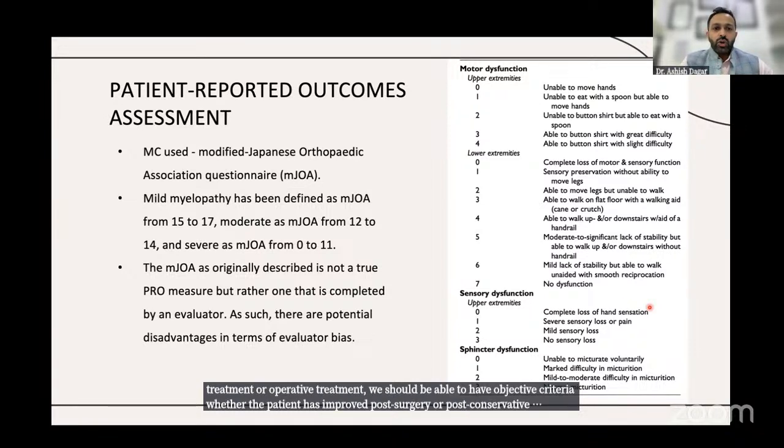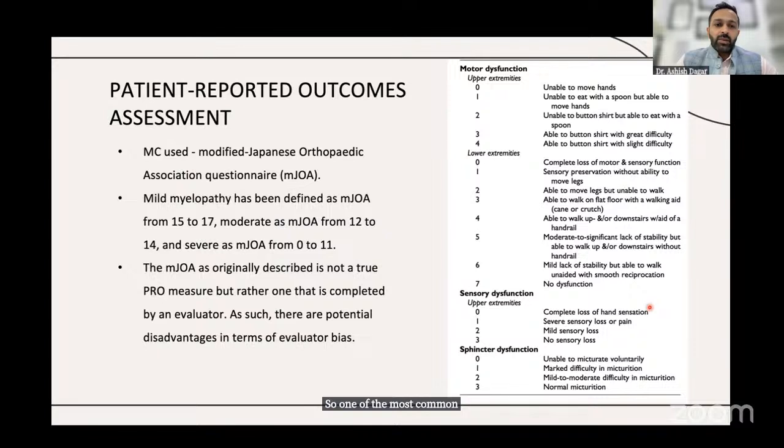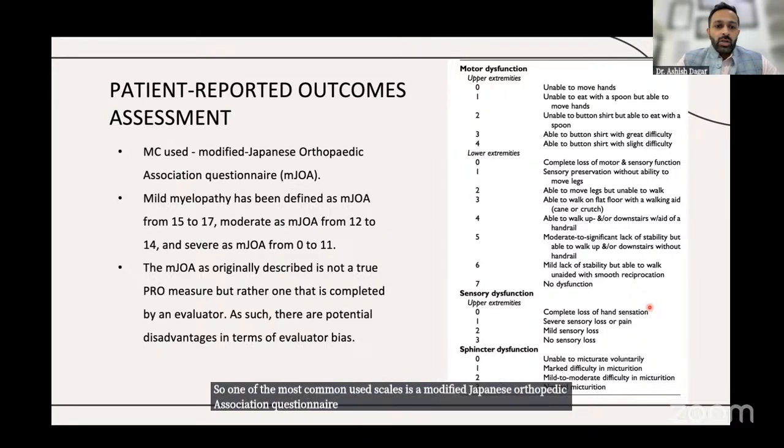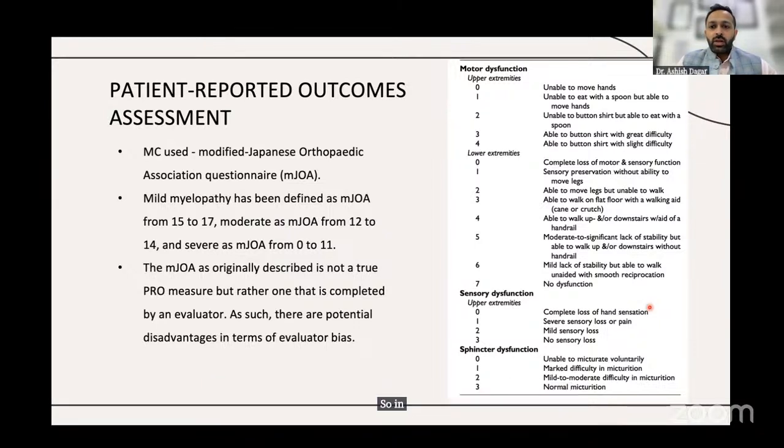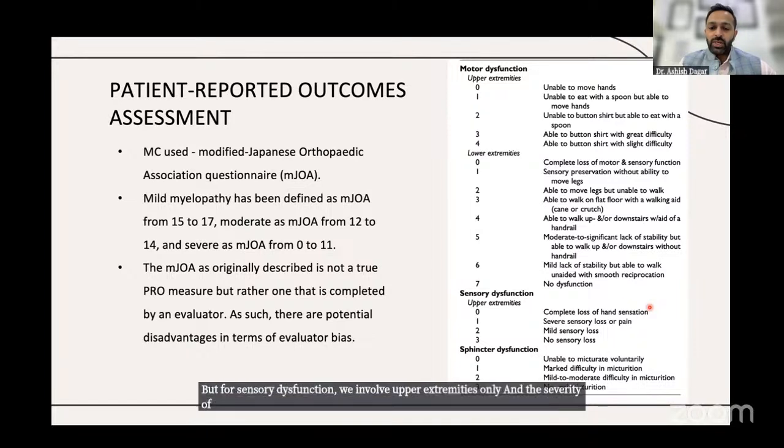One of the most commonly used scales is the modified Japanese Orthopedic Association questionnaire. The score you can see on the right side is the picture which gives it in detail. In motor dysfunction, we involve upper and lower extremities both. But for sensory dysfunction, we involve upper extremities only. And the severity of symptoms can also be judged by sphincter function.